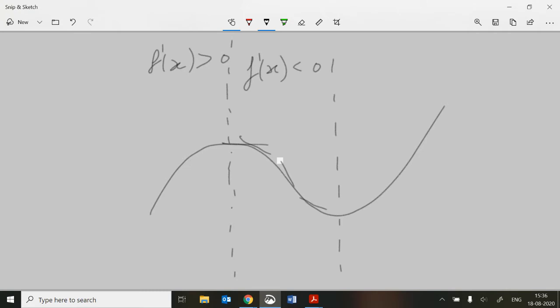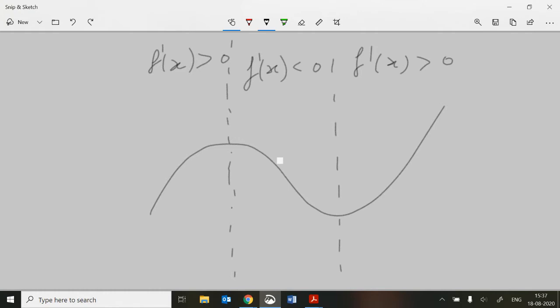Some of them are less steep than others, most steep at this point of inflection here. They're all negative gradients, so for whatever value of x we put in, we're getting negative gradients. On the other side, f dash of x is now greater than 0 again. Here is 0, and now we're becoming more and more positive in those gradients.